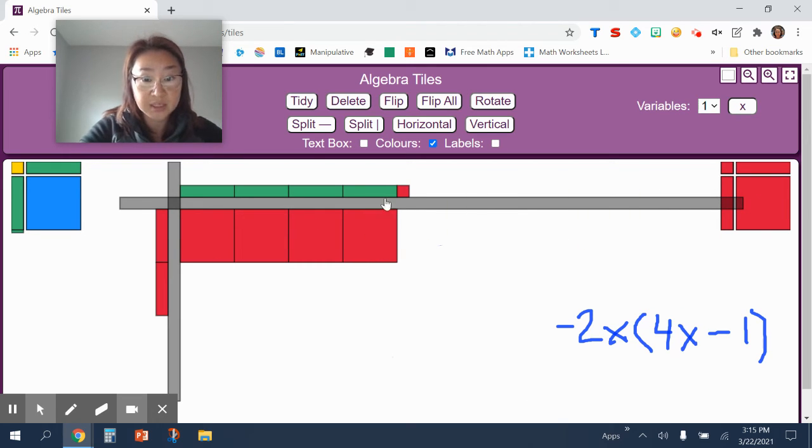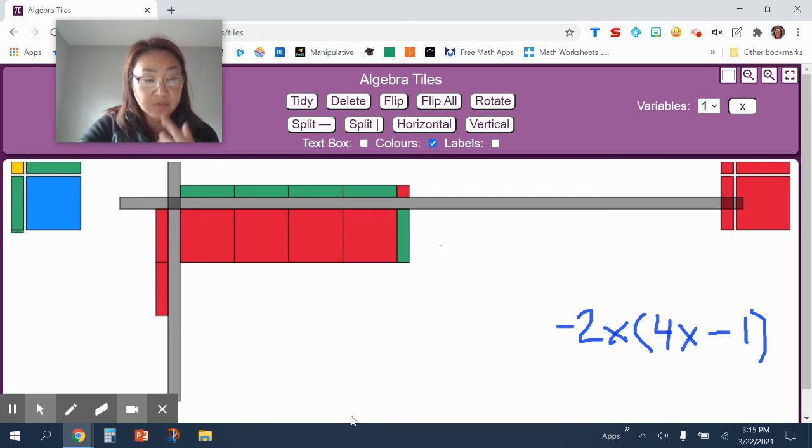Okay. The next part I see is a red small square. So that's a negative 1. And remember, this negative rectangle is a negative x. So negative times a negative is going to be positive, remember? So I'm going to bring the green rectangle over. Okay? And then the next row, what you realize is that this is the same shape as the top one, right?